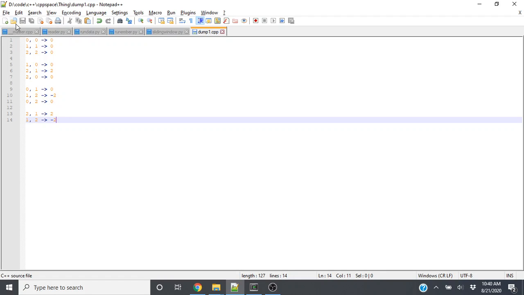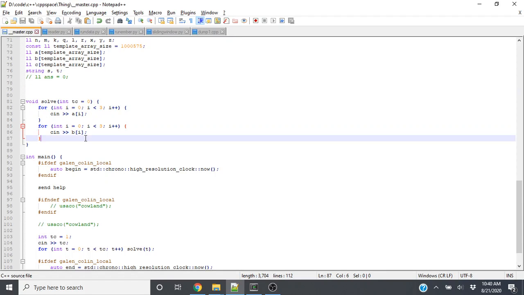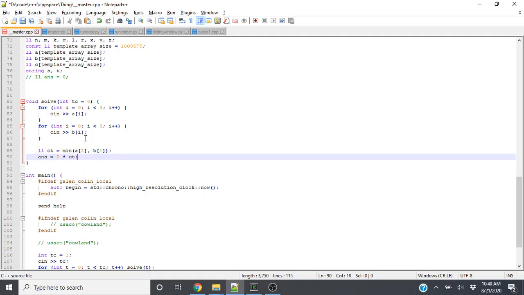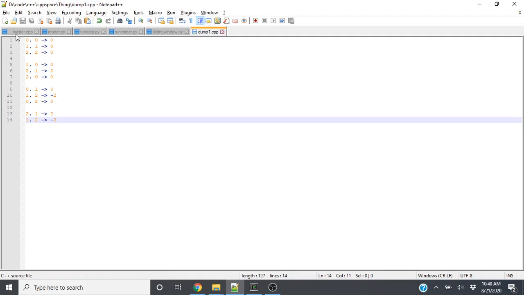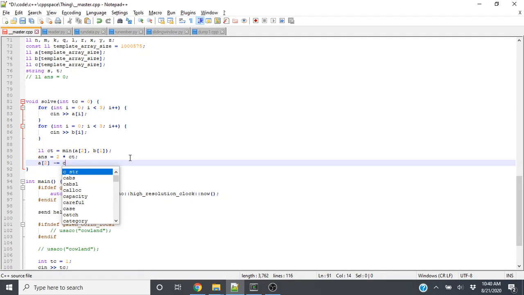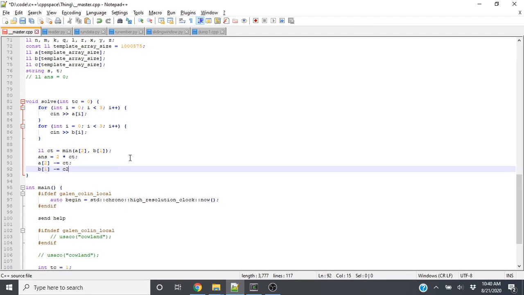Okay, so first of all, let's just maximize the number of these. LL CT equals min of A2 and B1, and ans equals 2 times CT. Then A2 minus equals CT, B1 minus equals CT.